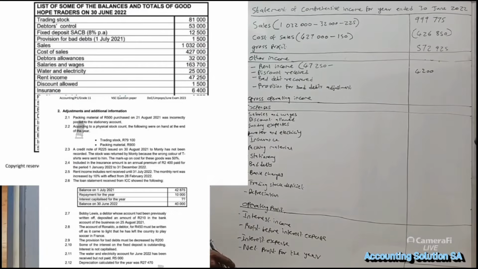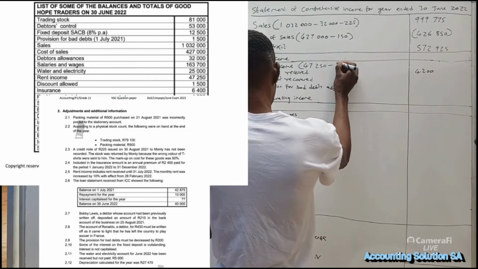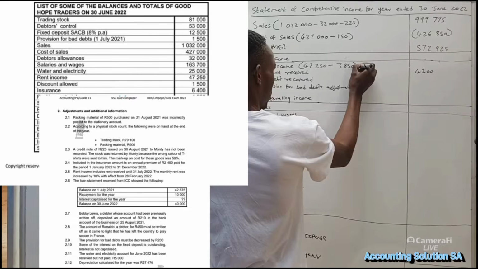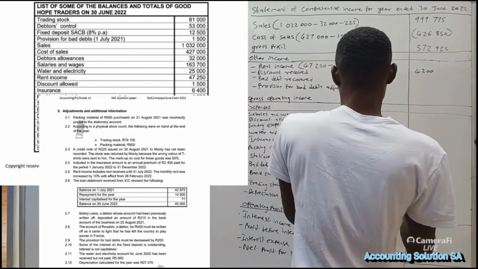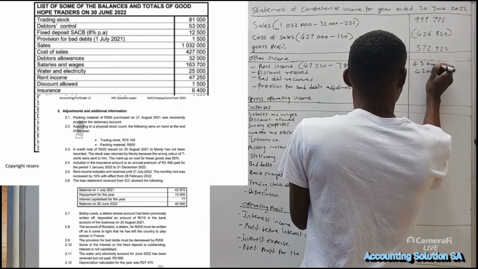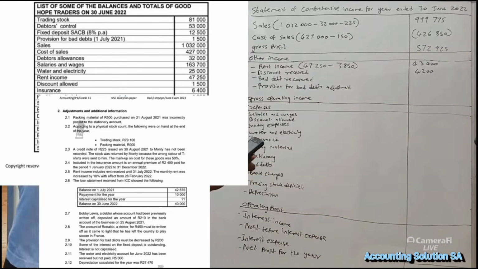Okay, then after that you are going to subtract the amount that we got on our calculator of 3,850. Okay, then after that you will get an amount of 43,400. Okay, now let's proceed.